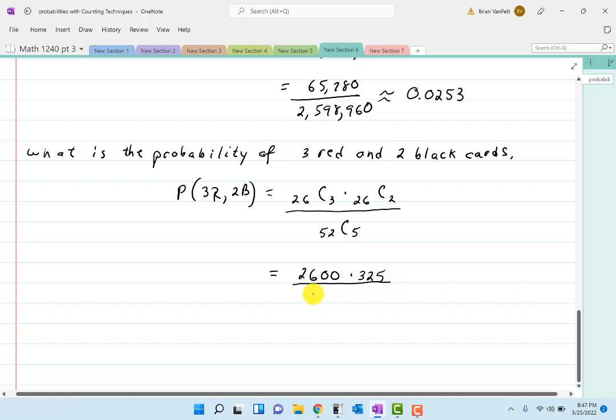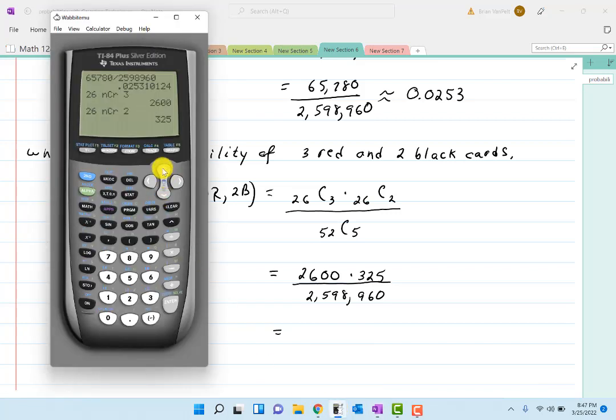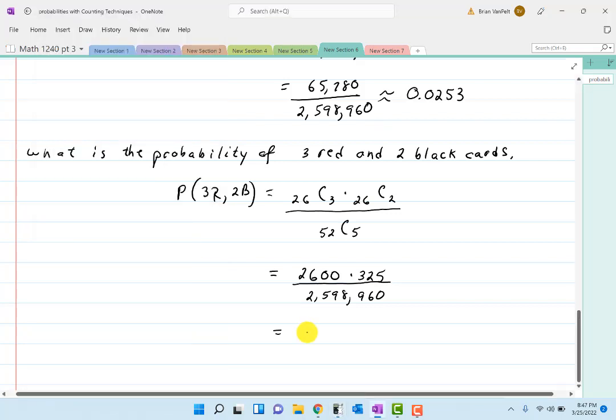And we've already done this number a few times now. And let me go ahead and get these. Now here's something that you can do too. Let me go up here and grab this guy and I can hit enter. And then if you want, you really don't have to type any new things. You can just click here and grab that guy now. Enter, and then just enter. So I got 845,000 for the numerator.